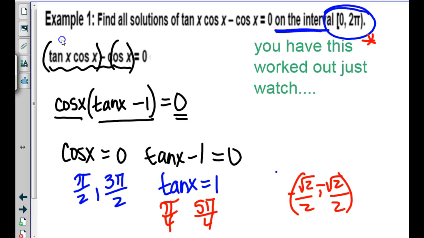Well, the tangent here would be 1, but what's the cosine at pi over 4? Square root 2 over 2. So 1 times the square root 2 over 2 minus square root 2 over 2 is going to be 0. That works. But if we go to pi over 2 and we put it in here, what's the tangent at pi over 2?